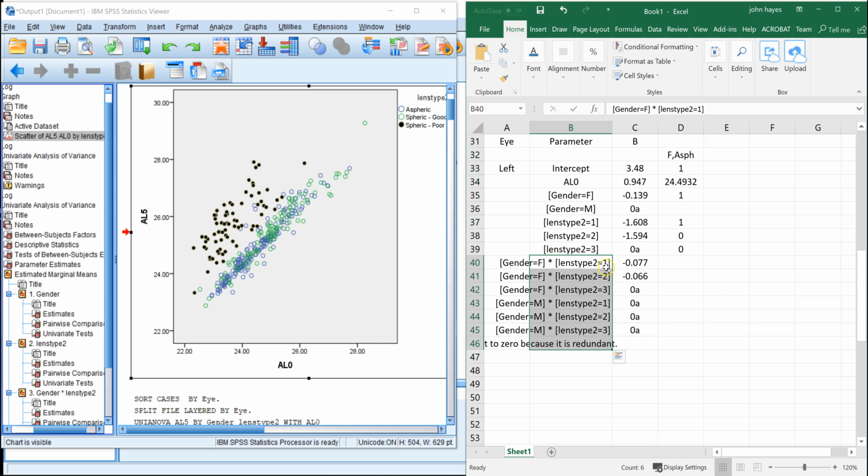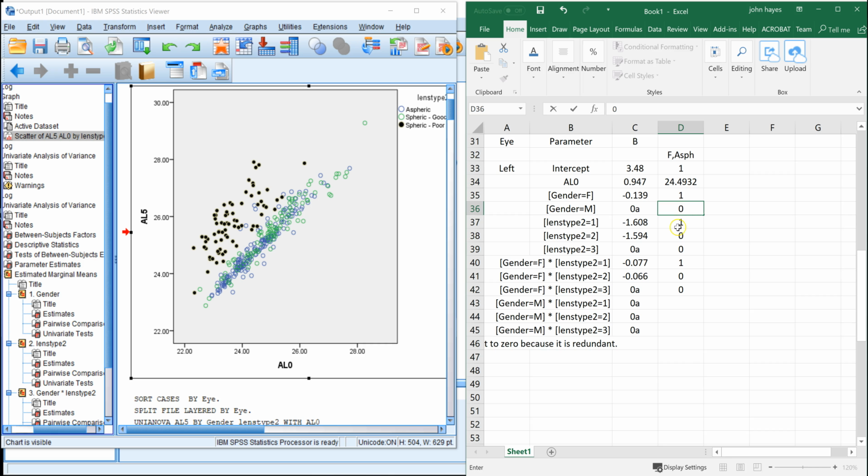Okay, so we have lens type equals 1, 2, and 3: aspheric, spheric good, spheric bad. In this case, we're talking about an aspheric lens, so the other two are 0. For the lens types, only one of these values can be a 1. Everybody else has to be a 0. For gender, only this can be a 1. Everybody else is 0.